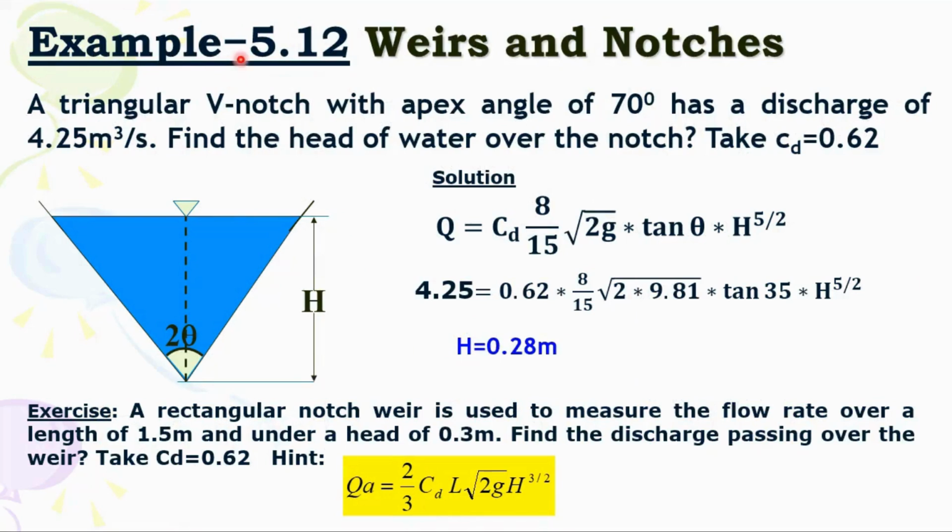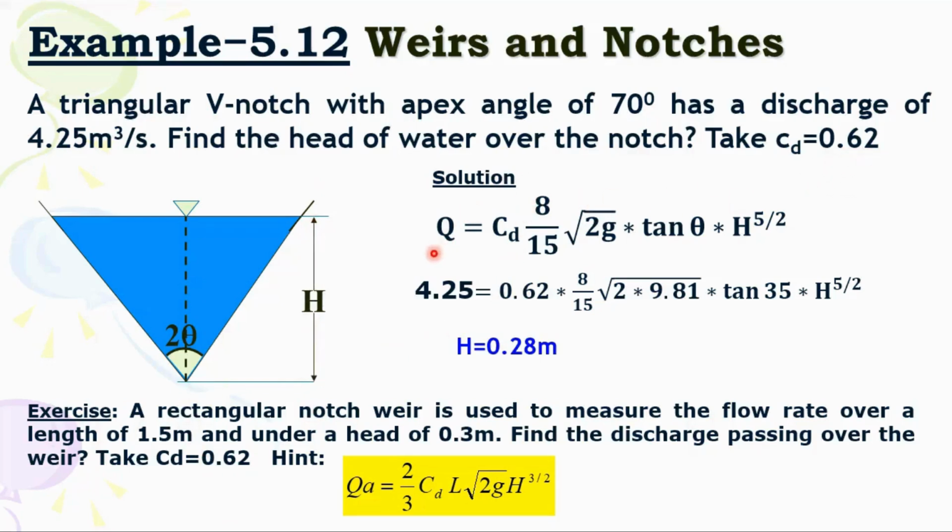And the other example is weir and notch. You have a triangular notch. For measuring the discharge, we can use this triangular V-notch with an apex angle of 70 degrees, with a discharge of 4.25 cubic meters per second. Find the head of water over the notch. What will be the head? The coefficient of discharge is 0.62.